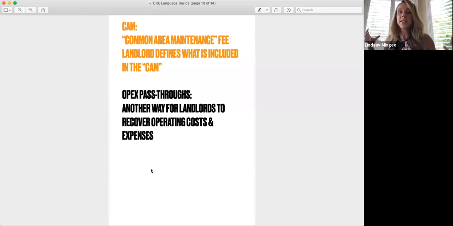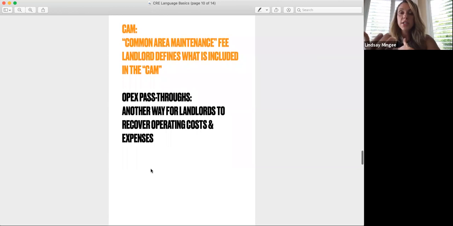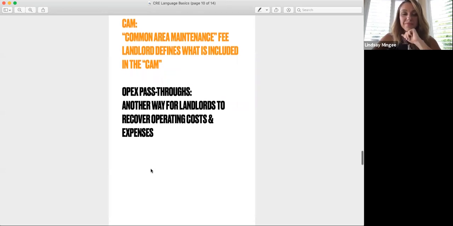If the HVAC unit on my building goes out and I, the landlord, categorize that as an operating expense, and my lease tells me that I can pass through that cost to my tenants, I can do that. That's an OPEX pass-through. Again, that's more like commercial real estate 102, but just good to know when you are having conversations or looking at documents related to commercial real estate. If you see that, that's what it is. Okay.